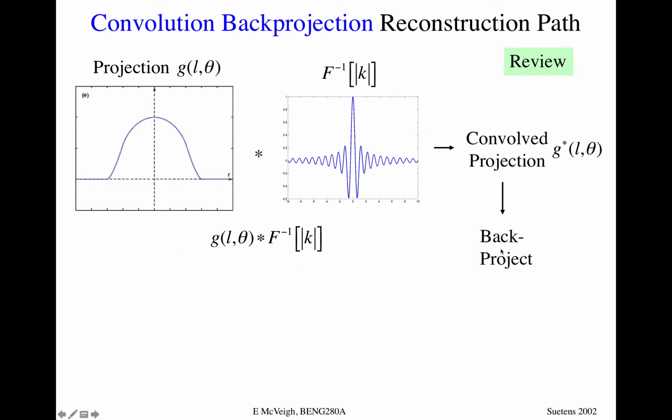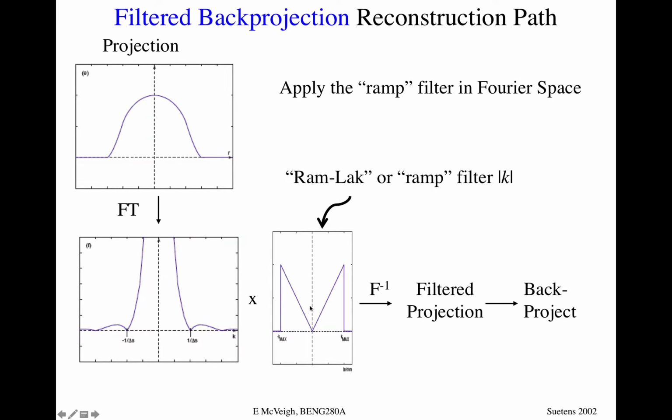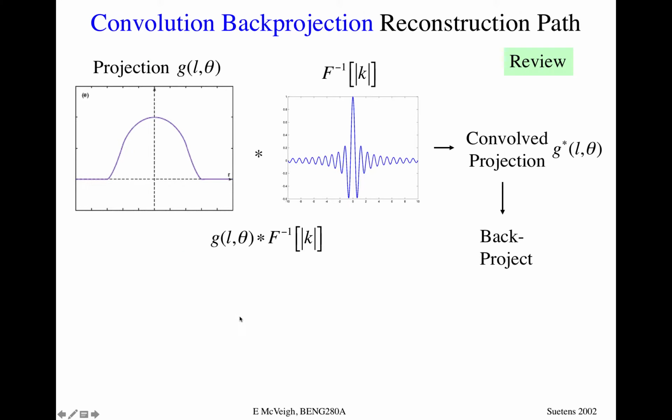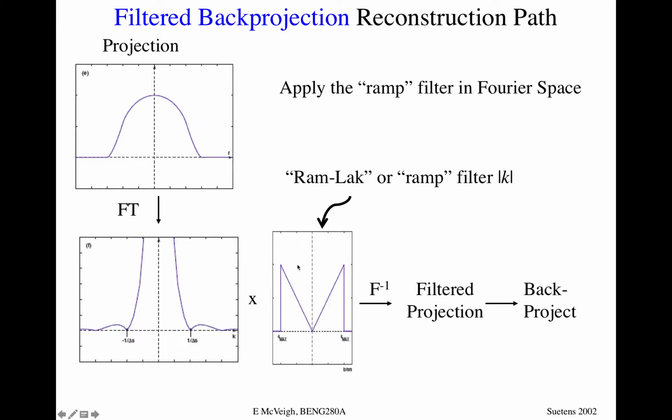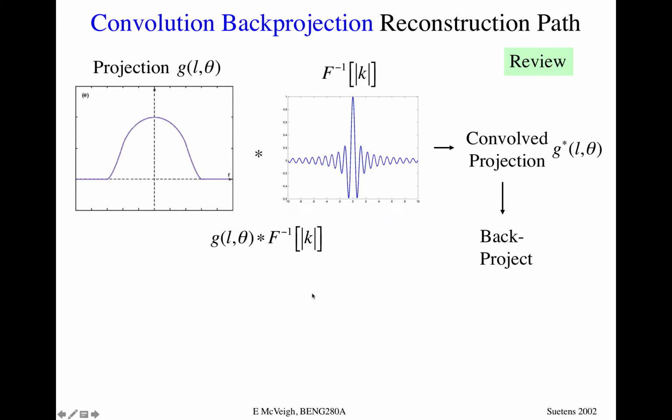There is an alternative pathway because of the convolution theorem, in that a product in the Fourier domain over here is equivalent to a convolution in the spatial domain here. And so if we take the Fourier transform of this, we can then convolve that with this object, and we get the equivalent thing, and the equivalent things are these g*(l, θ).